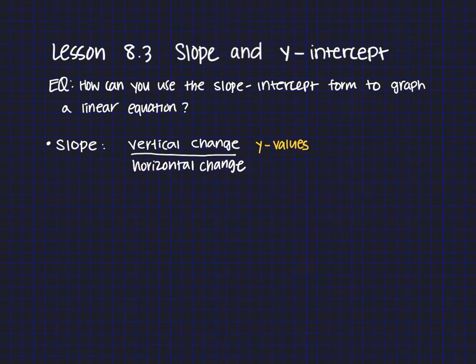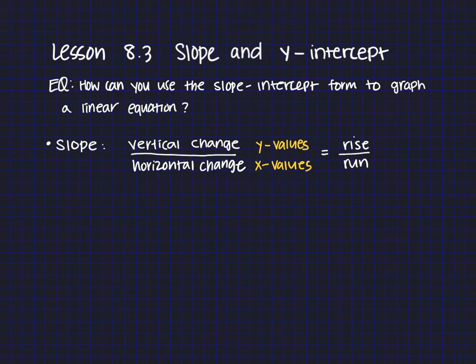And when we say horizontal change, it means the differences between the x values. A lot of times we're going to say these changes simply rise over run. So the y values are going to be the rise, and the x values are going to be the run. I'll shortly explain how to use rise and run to find the slope.